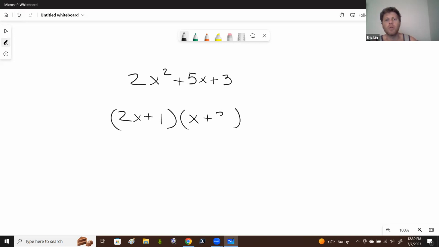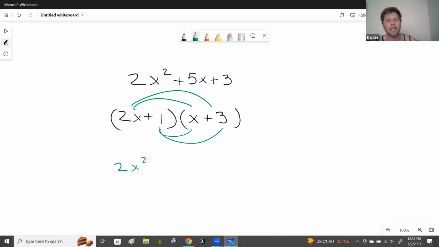Let's go ahead and FOIL it out. I'm going to change the color of my pen just to say, hey, this is an alternate universe where we're not sure if this is right yet. We will figure it out. So let's see, 2x times x is 2x squared. 2x times 3 is 6x. It's already not looking great. 1 times x is 1x, I'm just going to write it as x.